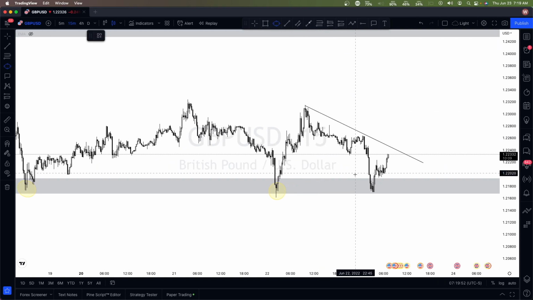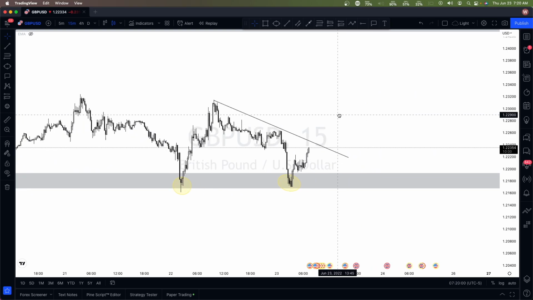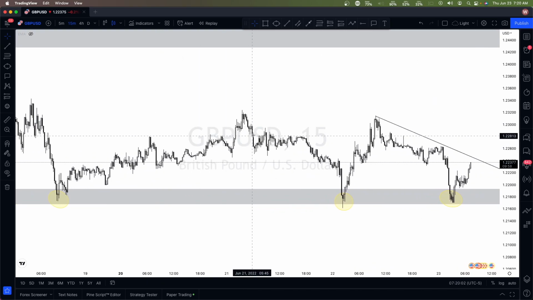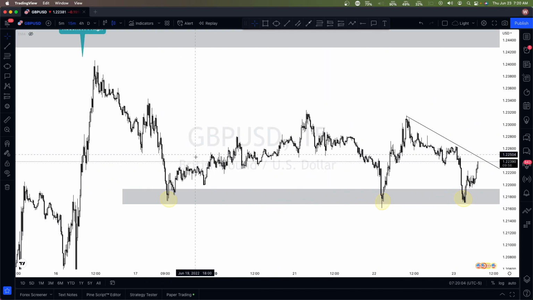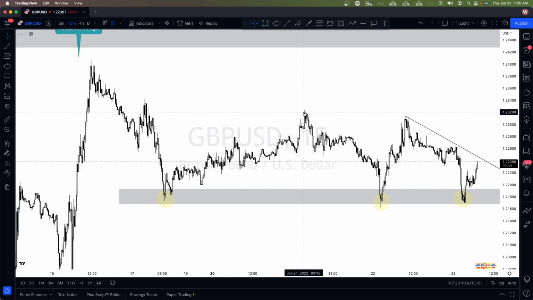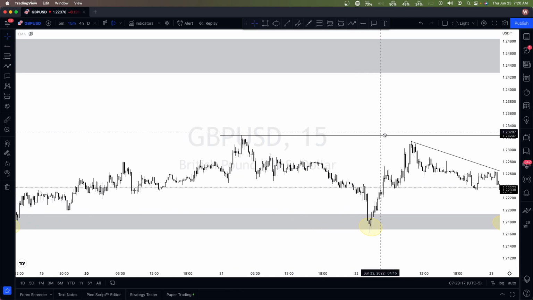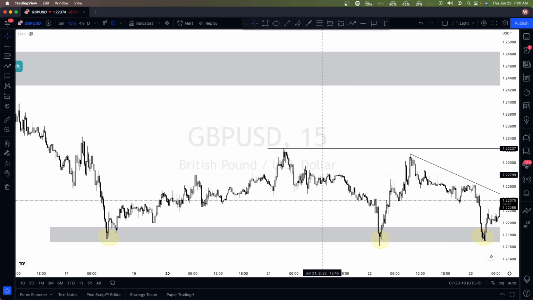Price has actually closed and come back up 3 times already in this area. 1, 2, 3 times in this area, and we're heading back up. Every time we come back up, it seems like we have stopped here. We have not broken above this area right here.